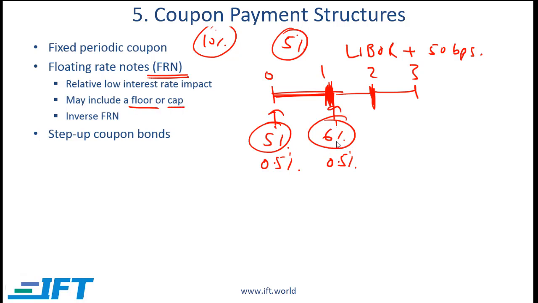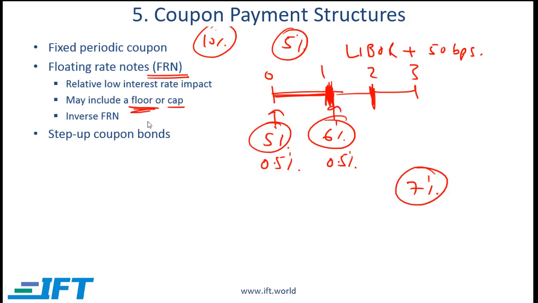Notice that if the interest rate keeps going up, LIBOR in this case, then the payment that the issuer needs to make will also keep going up. So what the issuer might say is that there is a cap of 7%. That means that if LIBOR keeps going up, the maximum that the issuer will pay is 7%.